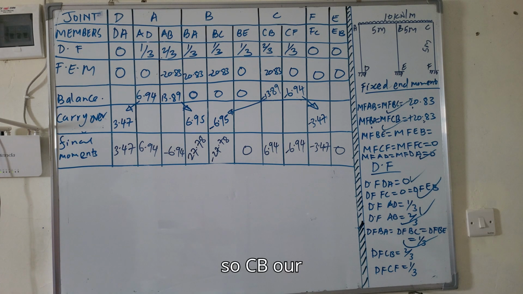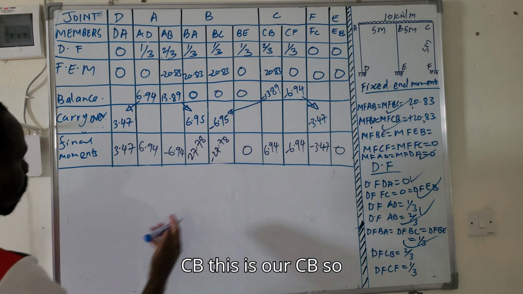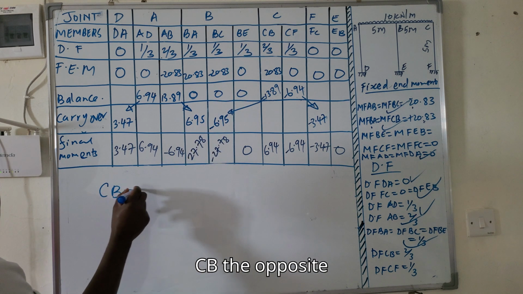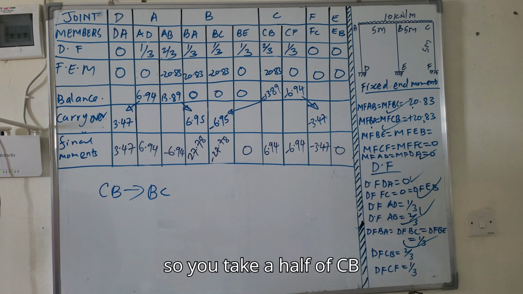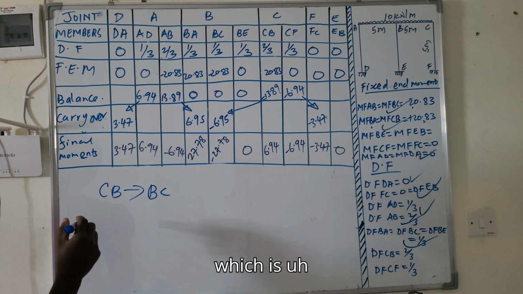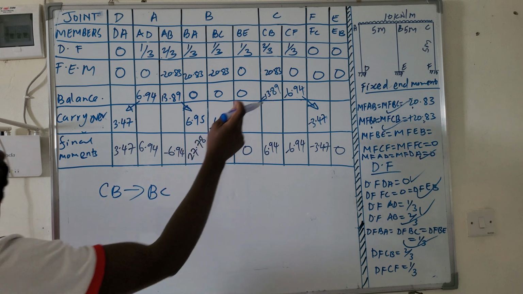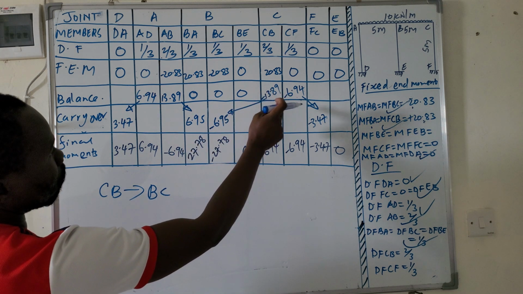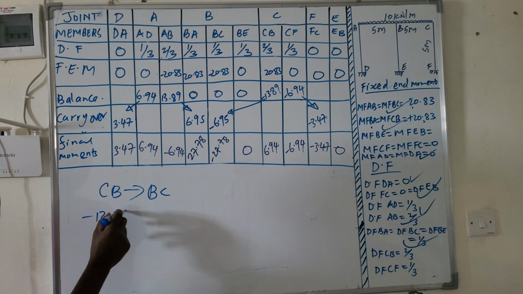So CB, this is our CB. The opposite member is BC. So you take a half of CB, which is negative 13.89.